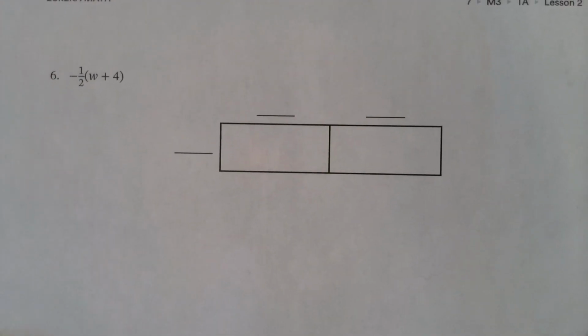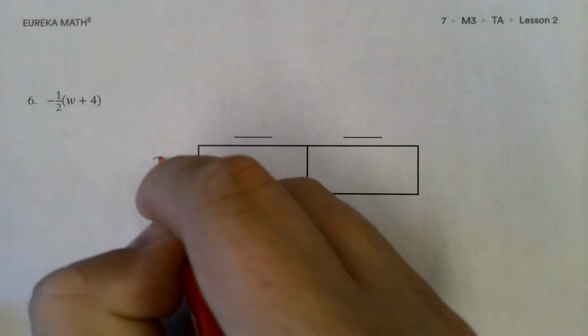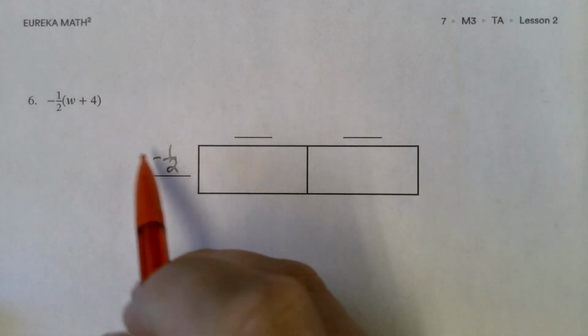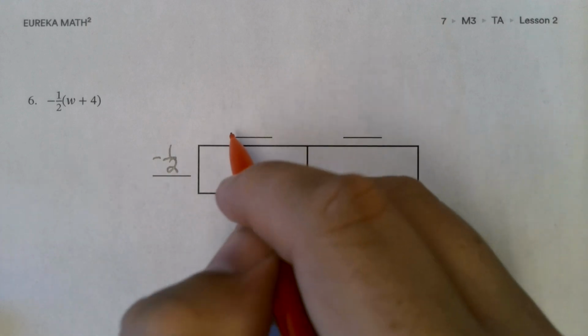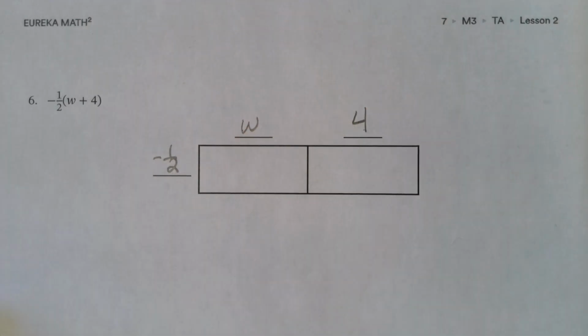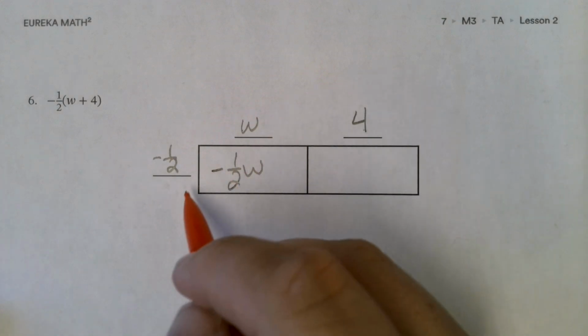Next example is number 6. Negative 1/2, that's what's outside the parentheses. That's what we're multiplying everything by. That goes out front of the boxes. I have w for the first term, 4 for the second term. A negative 1/2 times w is negative 1/2 w.